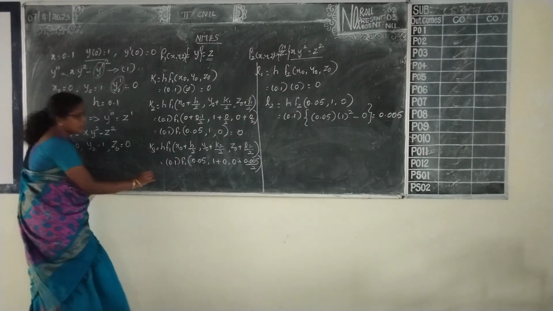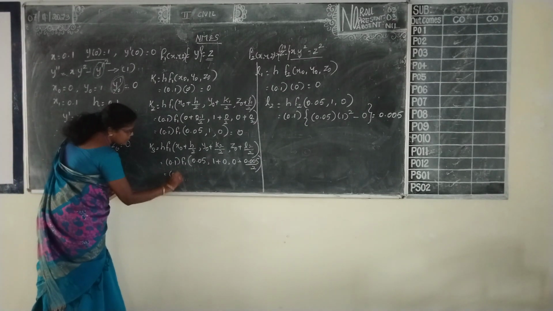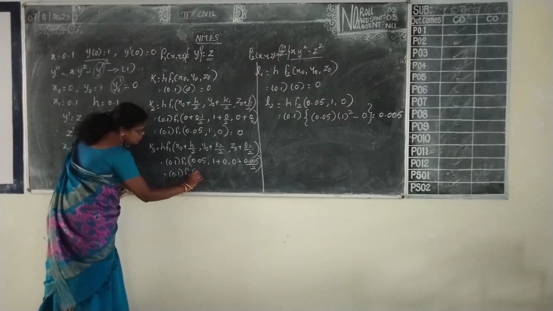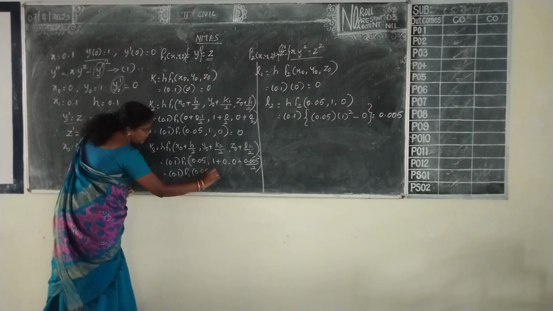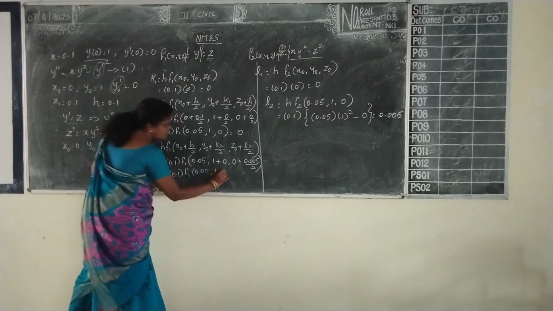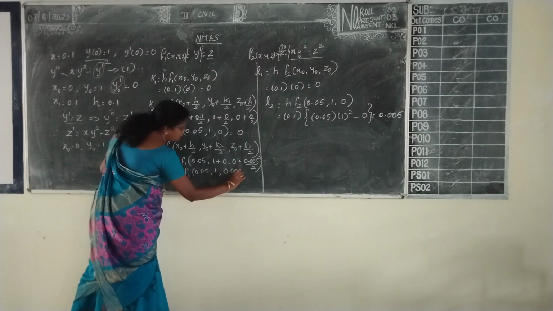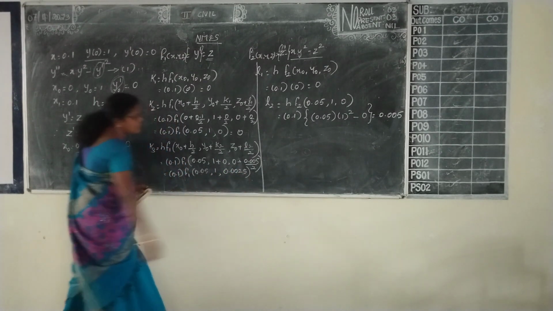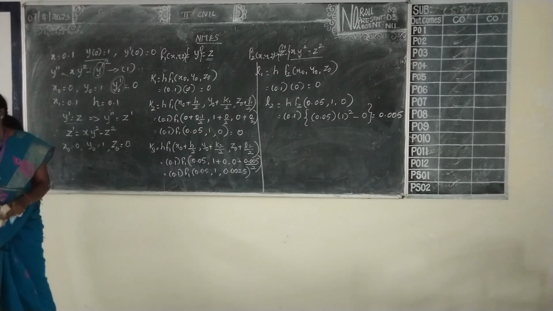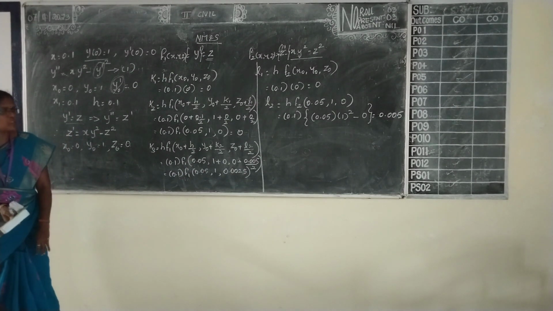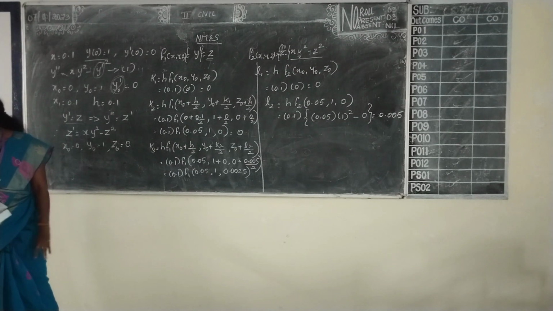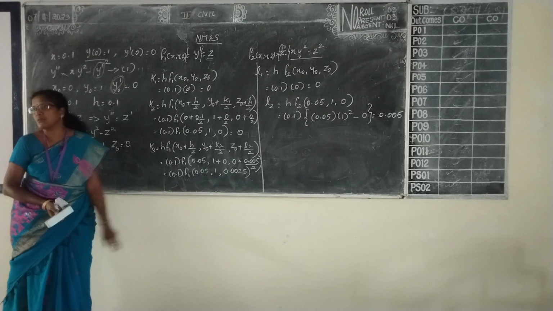Find what is the x, y, z. 0.05, 1, 0.0025. Same as Z. That is multiplied by 0.1 now.